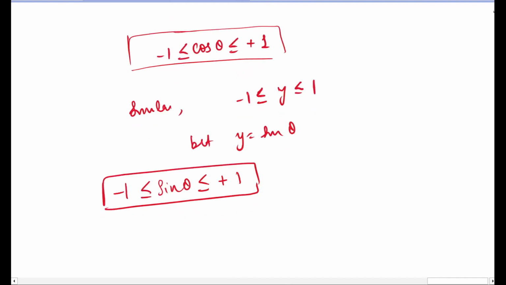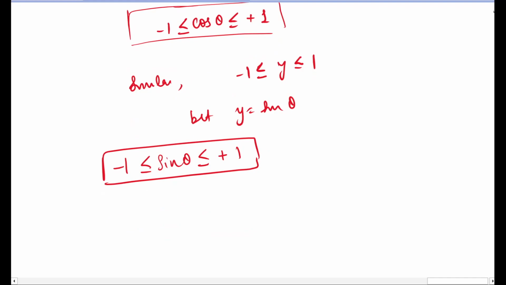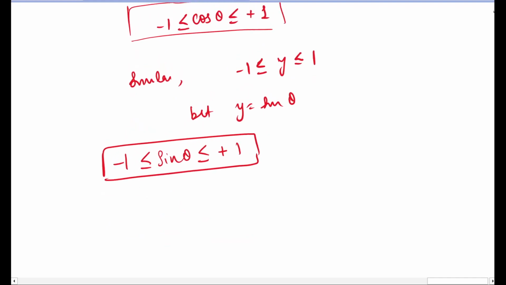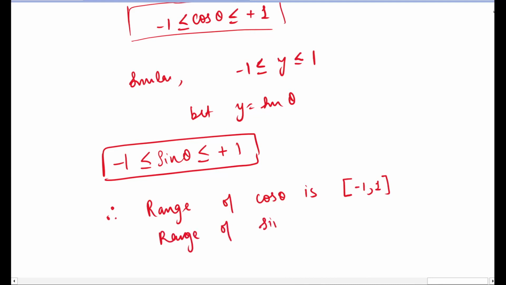So we can write it in interval form. Therefore, the range of cos theta is the closed interval minus 1 to 1. The range of sine theta is minus 1 to 1.